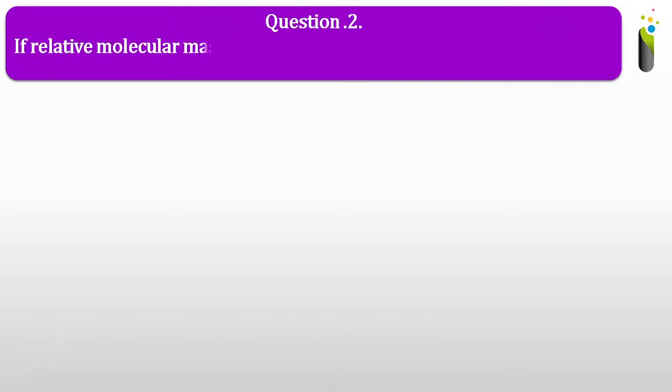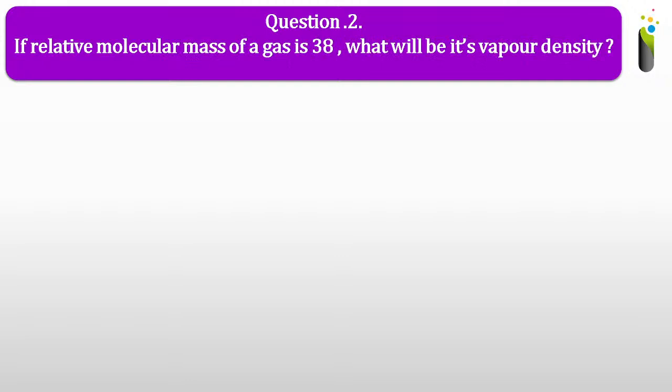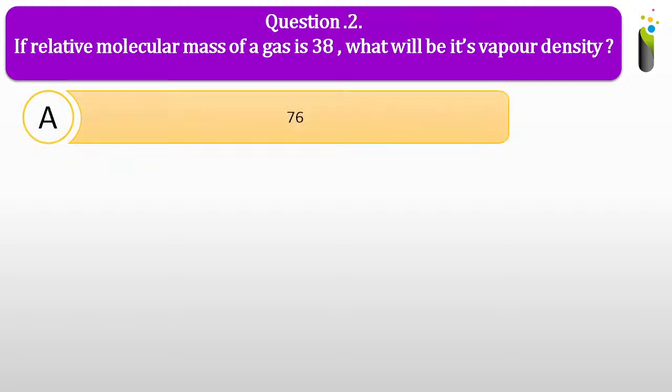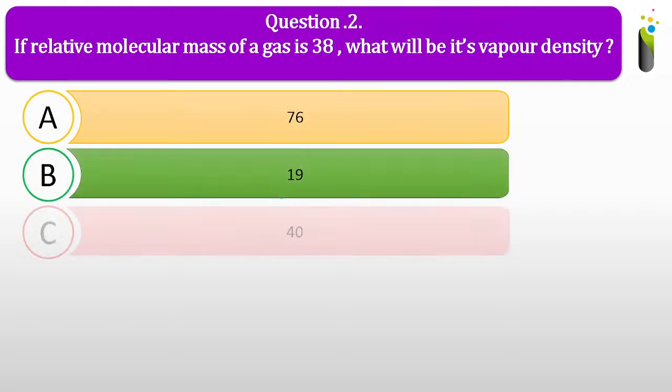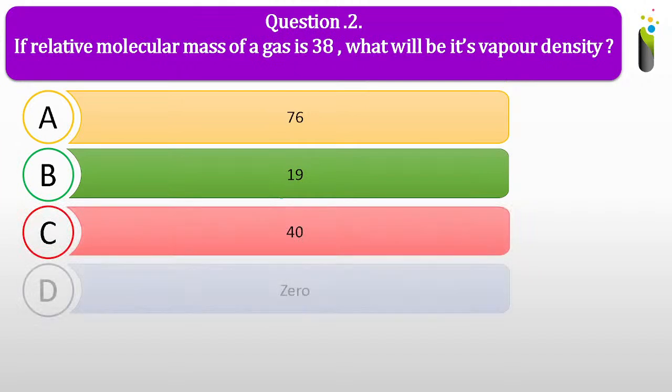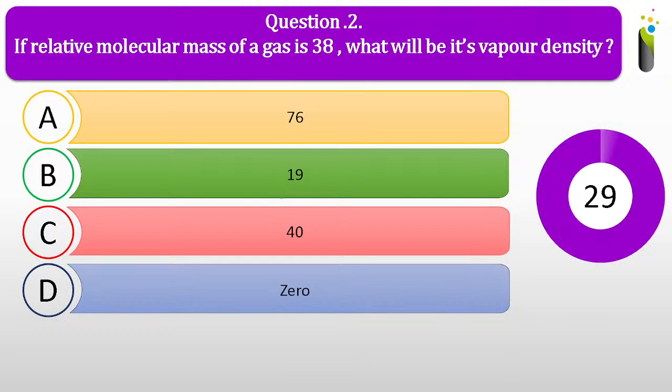Question number 2. If relative molecular mass of a gas is 38, what will be its vapor density? A. 76, B. 19, C. 40, D. 0. So, if relative molecular mass of a gas is 38, what will be its vapor density?